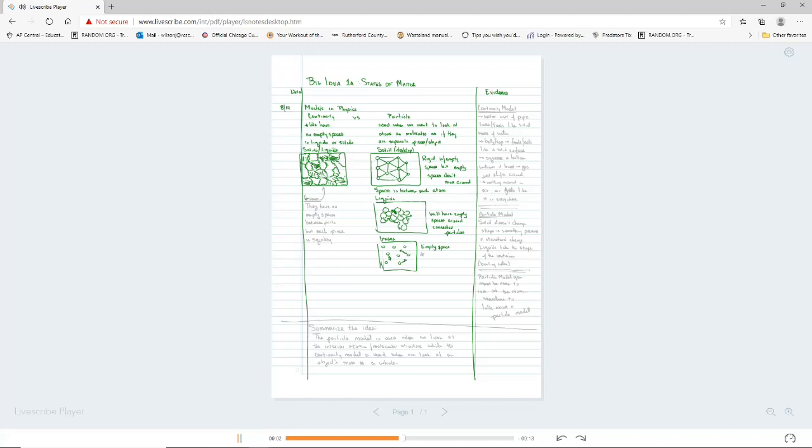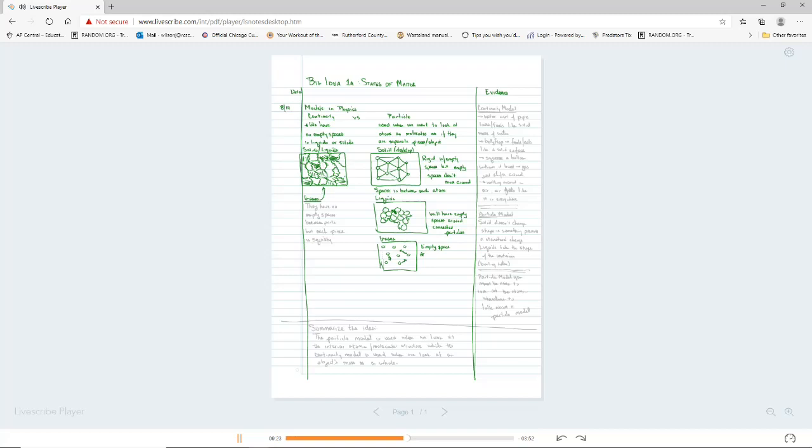But with gases, we're still going to give that same picture. So even though we know a gas looks like the empty space that we see over here, in the continuity model, liquids and solids don't have any space.